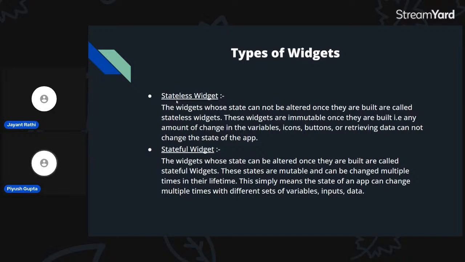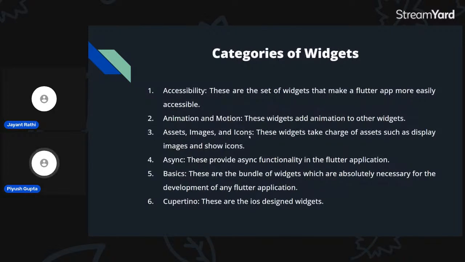For that you have to create a stateful widget, because a stateful widget provides you the opportunity to change multiple times throughout the app when it is running. And after that, there are various other kinds of widgets such as accessibility, animation, motion, assets, image, icon, async, Cupertino.